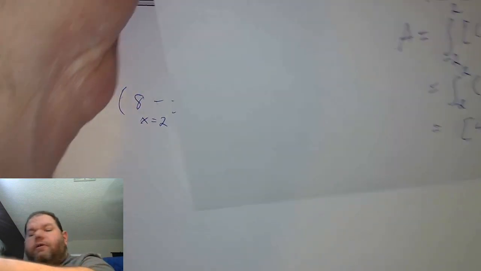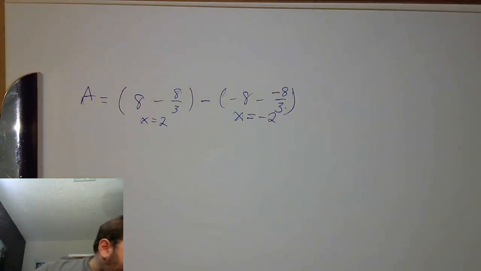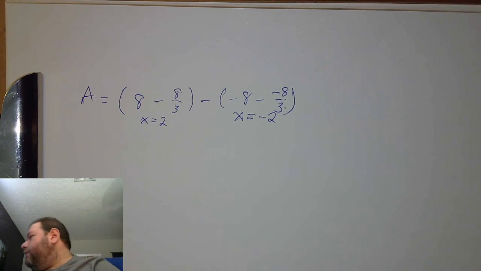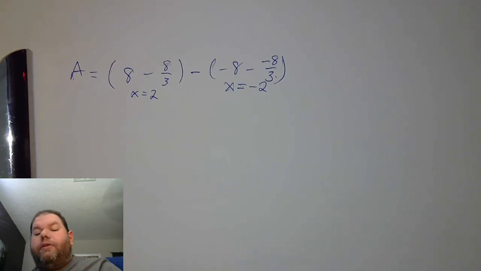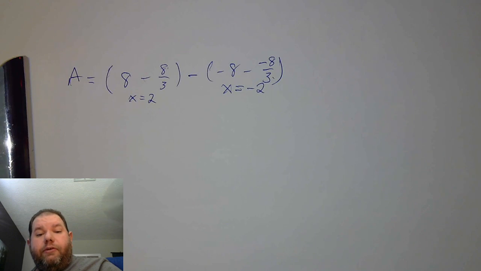And so we end up with area equals 8 minus 8 thirds minus parentheses negative 8 minus a negative 8 thirds.